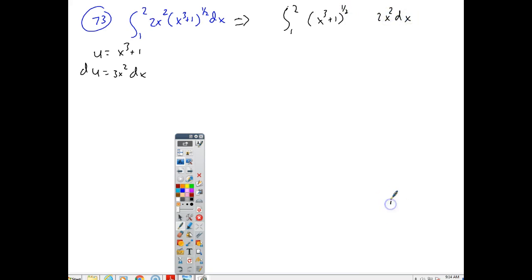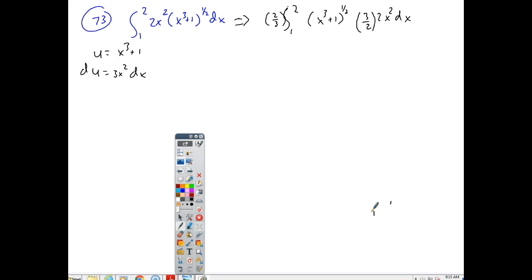So I look at that and go, well, I'm actually closer than I thought I was. I need to get rid of a 2 and I need to make a 3. So what I would traditionally do is do 3/2, which means I've got to put a 2/3 out in front. Does that make sense? Because I want the 2's to cancel out and I want to make a 3. When I do that, I have to put the flippy out in front.